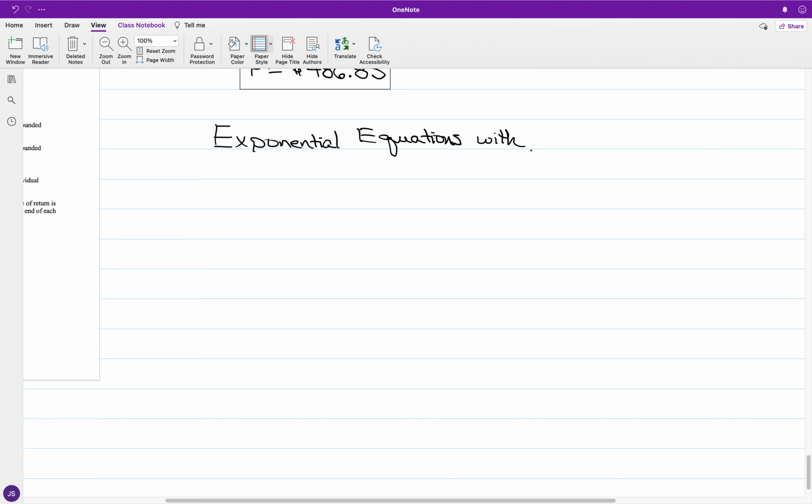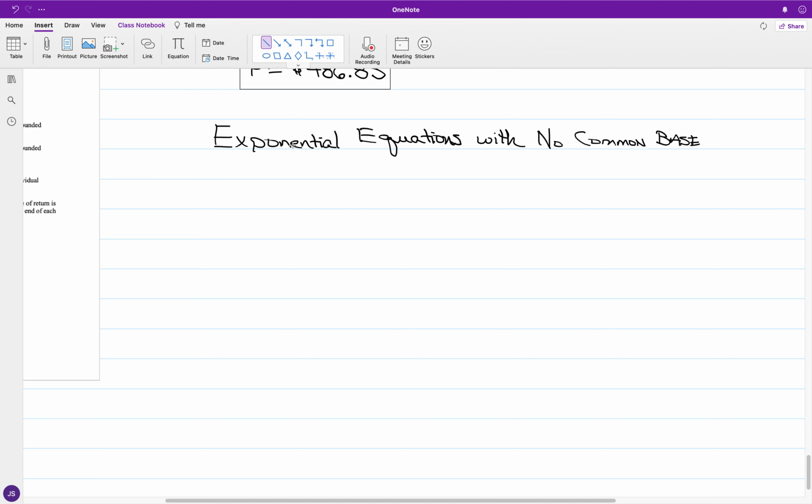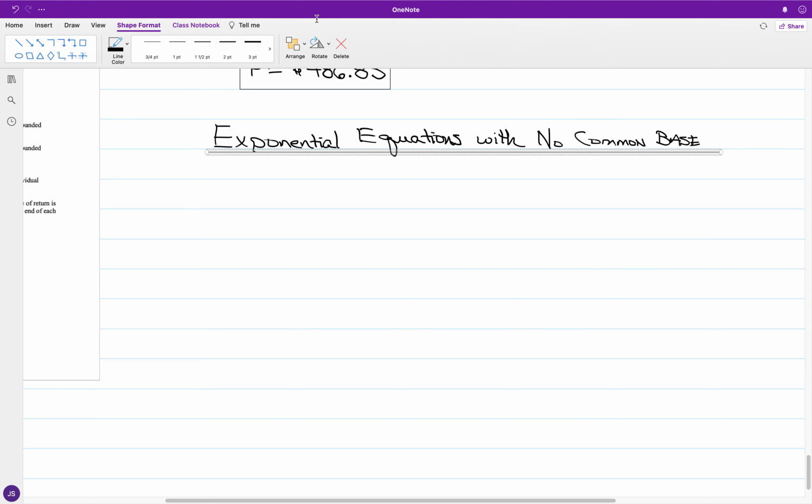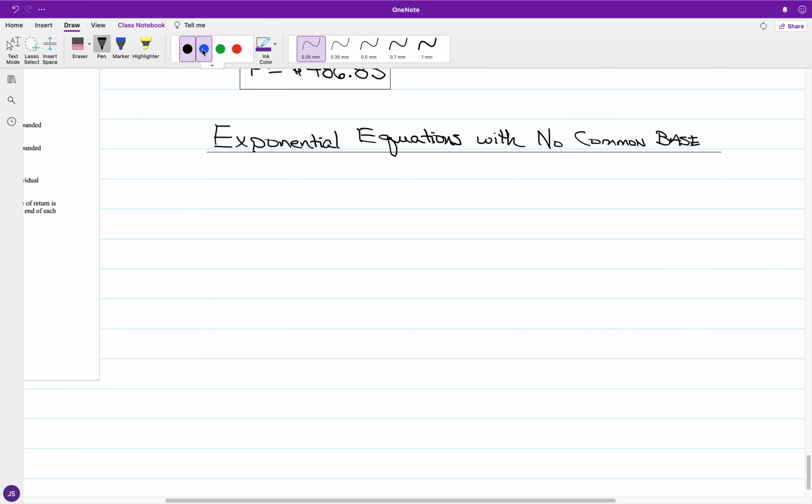If we have exponential equations with no common base, what we'll do here is go back to our earlier properties of logarithms.